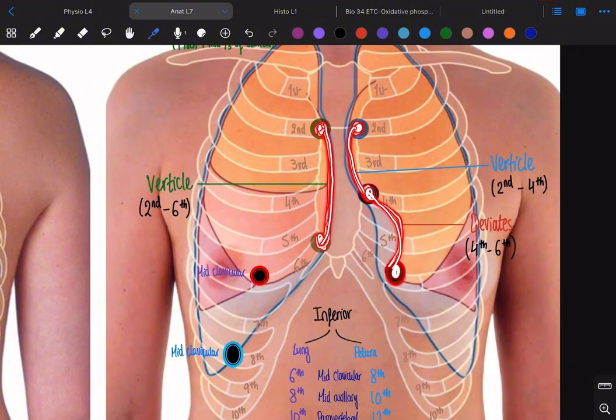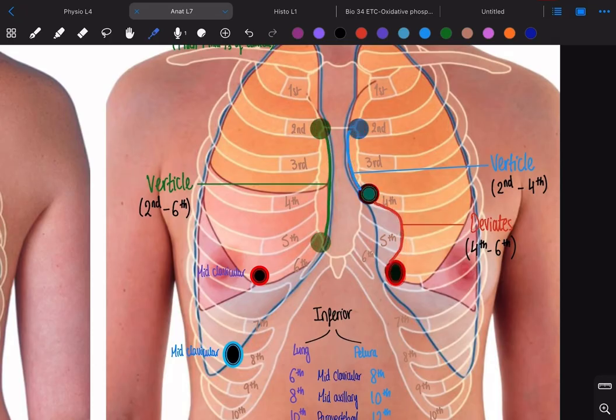تمام? So قلنا on the right side, the anterior border goes from the second rib all the way to the sixth rib in a vertical and straight line. However, on the left side, it goes from the second all the way to the fourth in a straight and vertical line. Then it deviates from the fourth rib all the way to the sixth rib to form the cardiac notch. تمام?